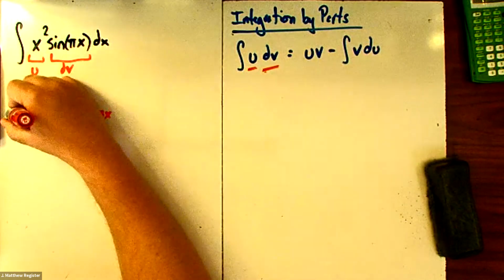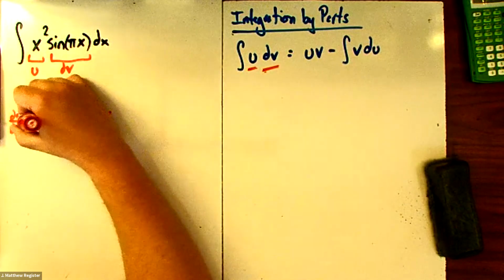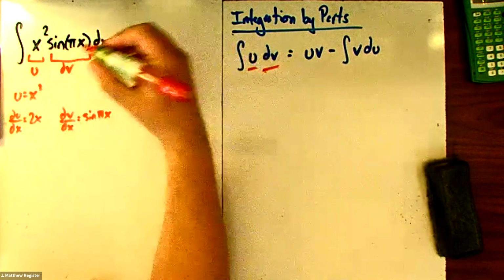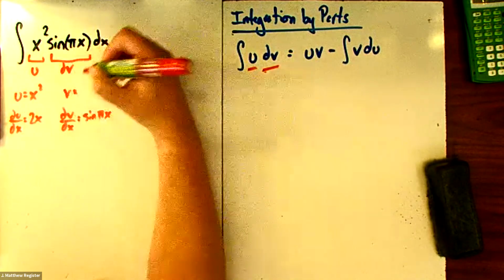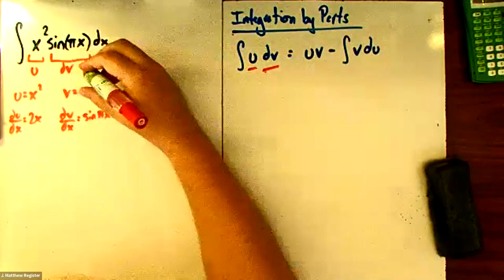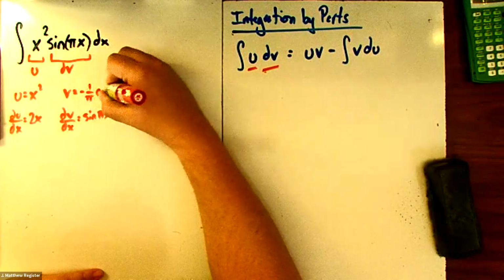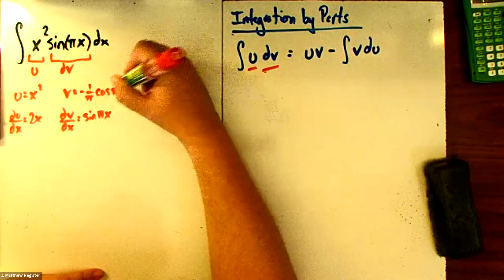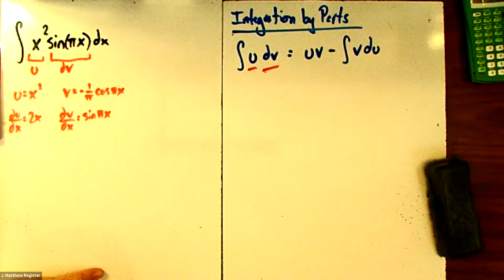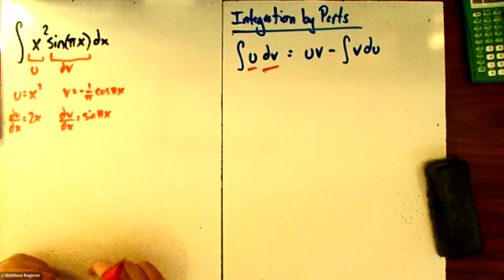We have our du dx, which is 2x. We have our v, which is going to be a negative 1 over pi cosine of pi x. Not very nice, but still manageable.